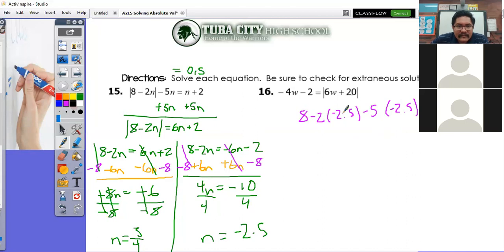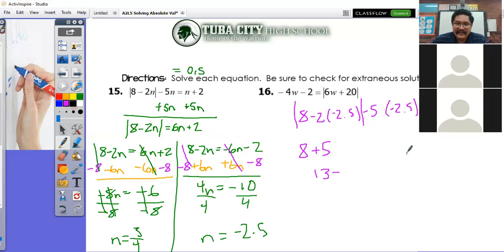Okay, so I need one of these things here. So 8. Now negative times negative is positive, so that would be 8 plus 5, which would be 13 minus, and then I'm going to work on these two. So negative 2.5 times 5.